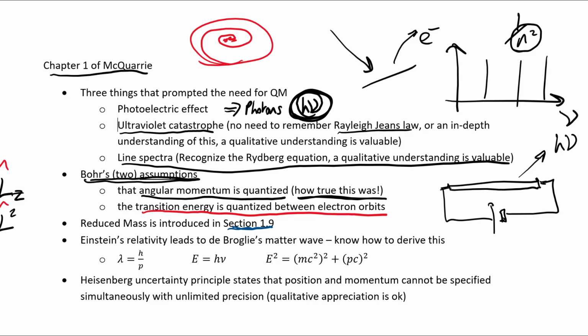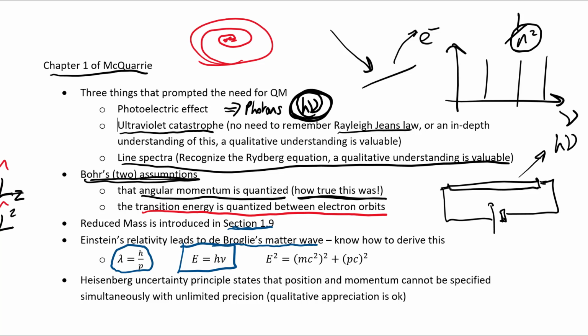Also, very importantly, as we move historically towards quantum mechanics, de Broglie had his matter wave, and it's important to know how to derive this. Here's the matter wave equation: lambda is equal to Planck's constant divided by the momentum of the particle. What does it come from?